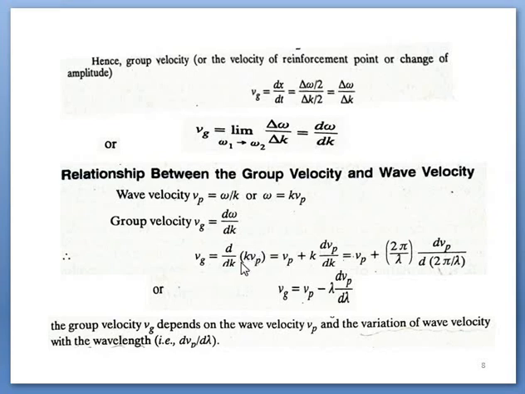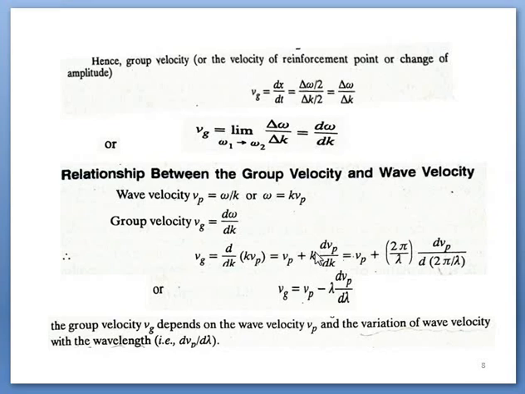By differentiating this, with Vp kept outside and differentiating k, it becomes 1, which is shown as the first term, plus k, now k is kept out and Vp is differentiated, so we have this.